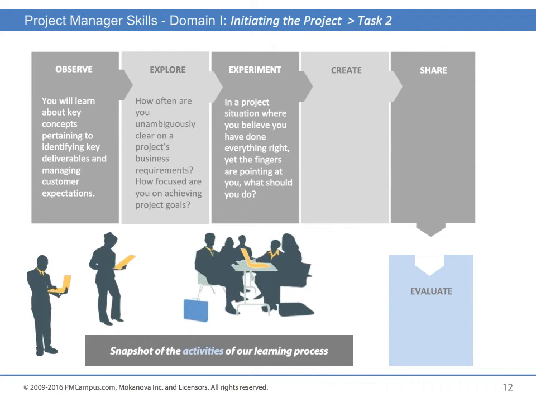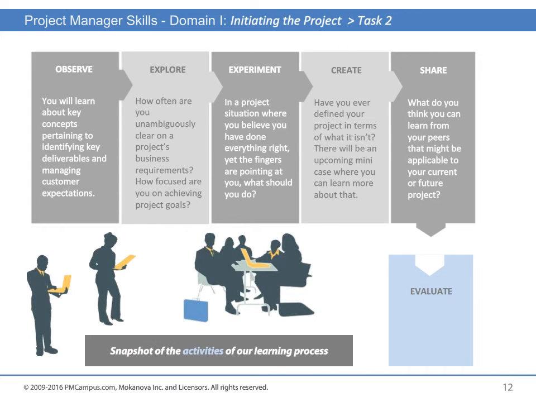In a project situation where you believe you have done everything right, yet the fingers are pointing at you, what should you do? Create. Have you ever defined your project in terms of what it isn't? There will be an upcoming mini-case where you can learn more about that. Share. What do you think you can learn from your peers that might be applicable to your current or future project? Evaluate. The test will help you reinforce your learning. Redo as many times as needed to pass.